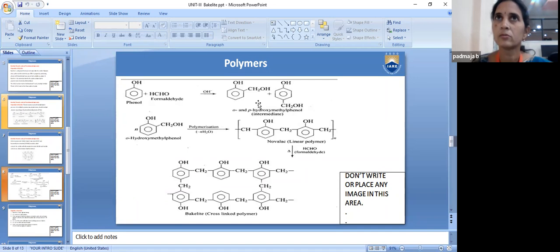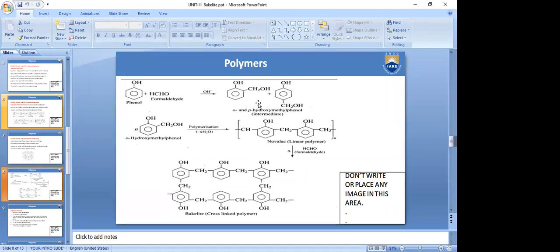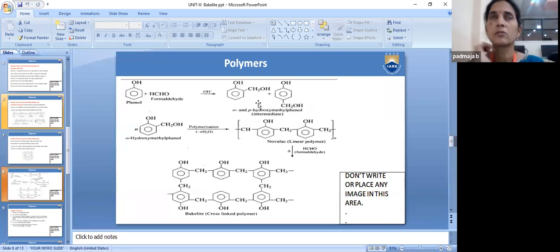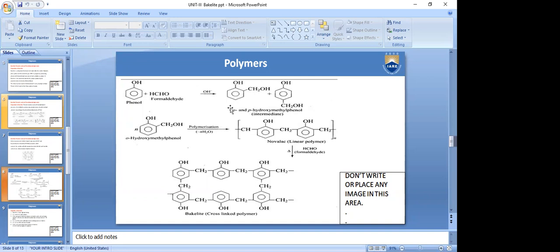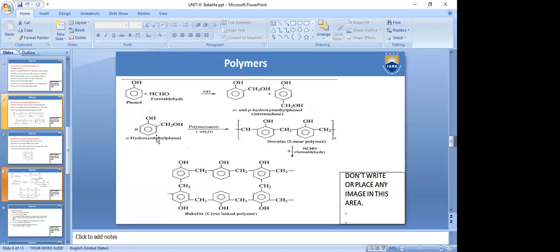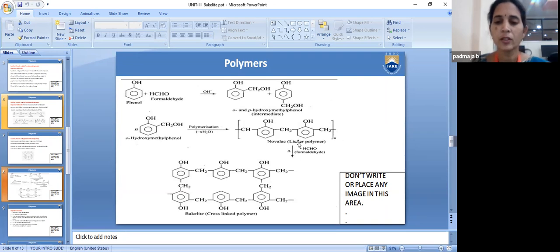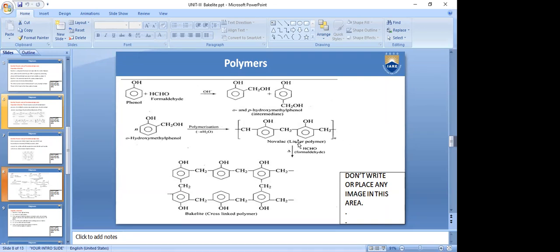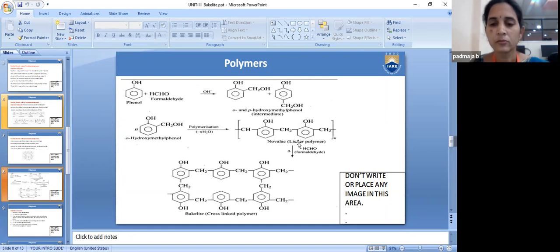And when you heat that, what do you get? Hydroxymethylphenols you will get. Then what do you do? Then we take it to polymerization, and we'll get Novolac, which is a linear polymer. And then we heat it with formaldehyde to get Bakelite.